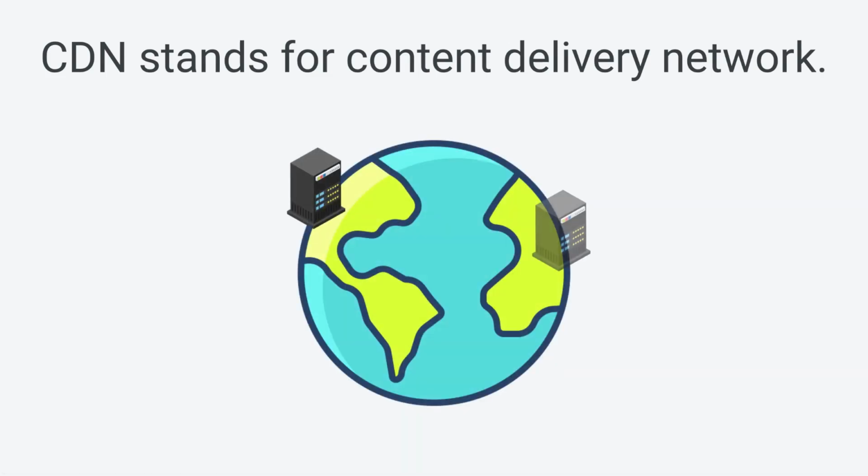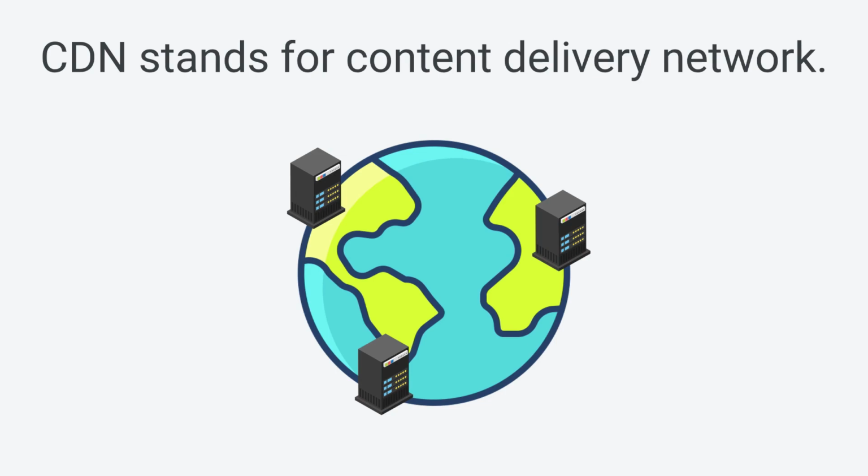If you're not familiar with the concept of a CDN, let me quickly break down what a CDN is. CDN stands for Content Delivery Network. They're a vast network of servers that host static files like CSS, JavaScript, or images. One of the main issues of delivering files to the user is how long it takes for the file to reach them. A CDN will store copies of your files on different servers across the globe.